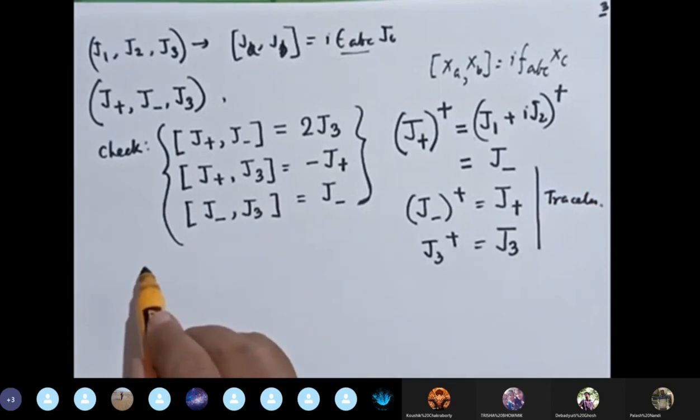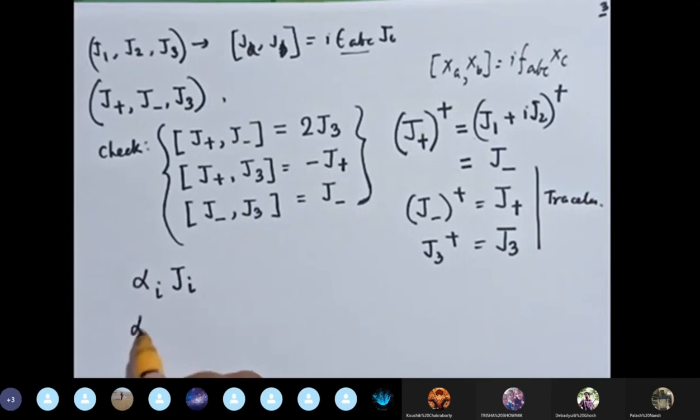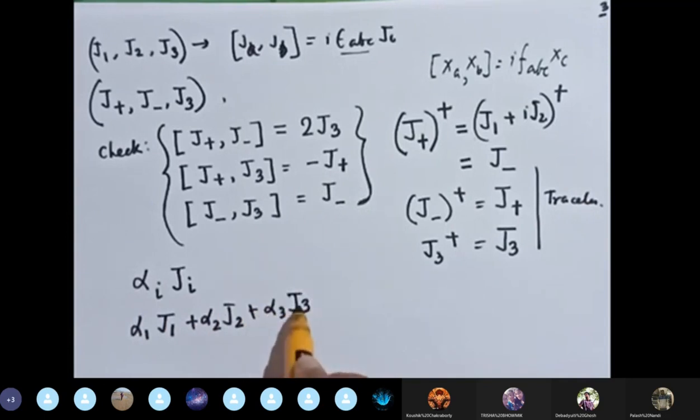What I'm saying is that this object, alpha 1 J1 plus alpha 2 J2 plus alpha 3 J3, is a traceless matrix. It is Hermitian when alpha 1, alpha 2, alpha 3 are real.